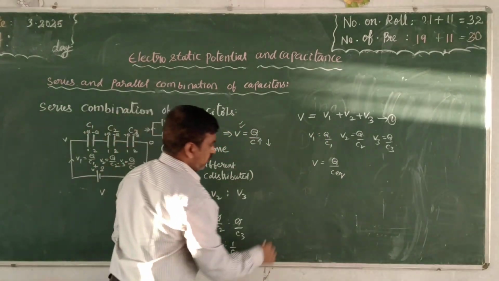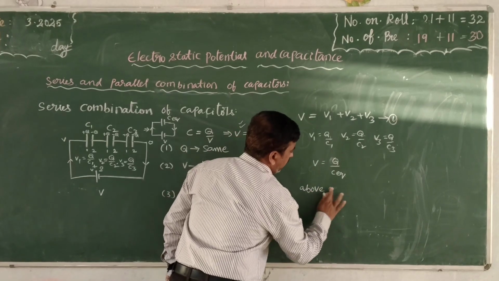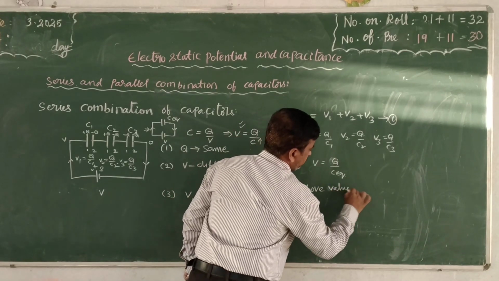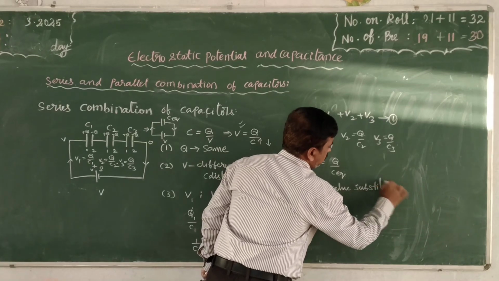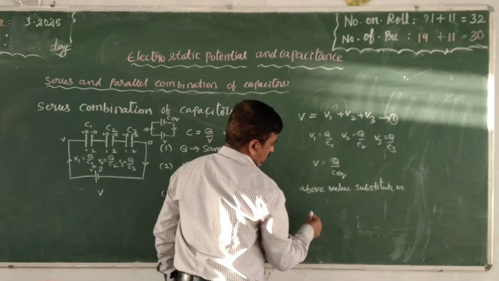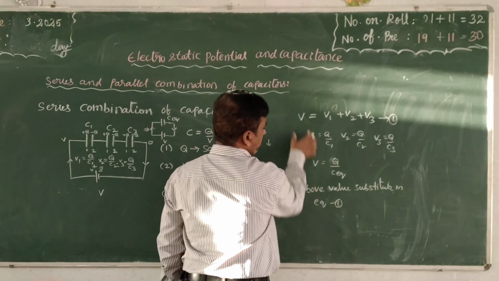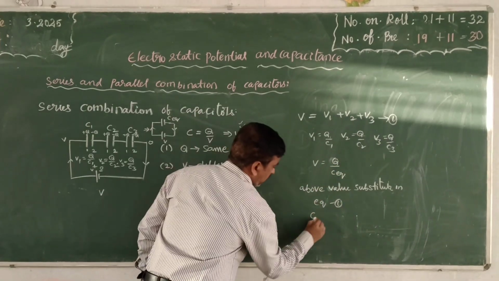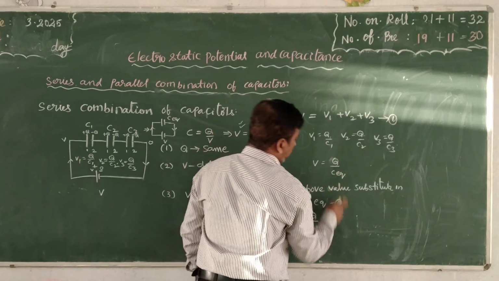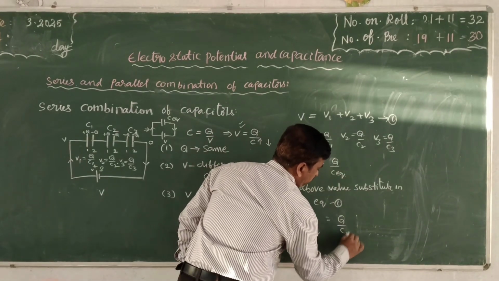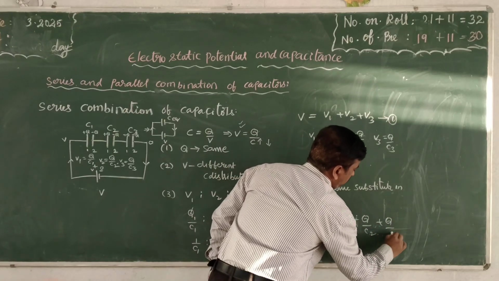Substituting the above values in equation 1: V is Q by C equivalent, which equals V1, Q by C1, V2, Q by C2, V3, Q by C3.